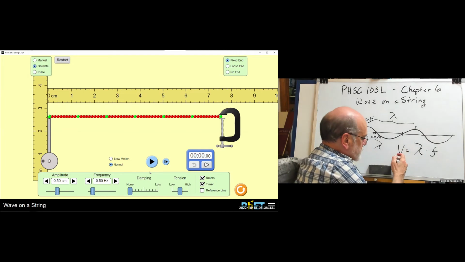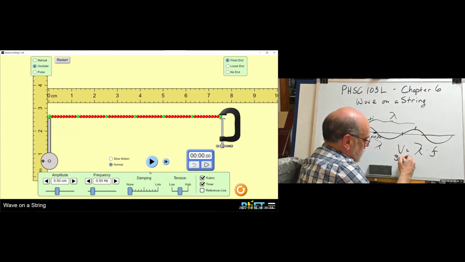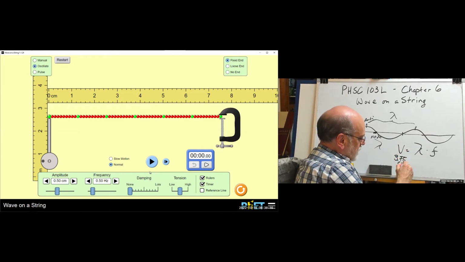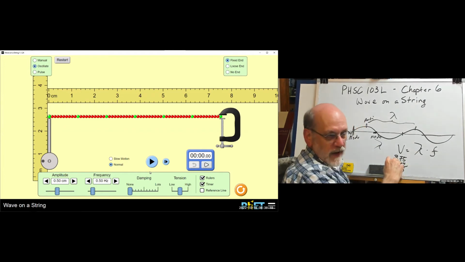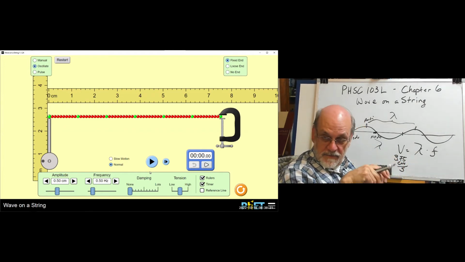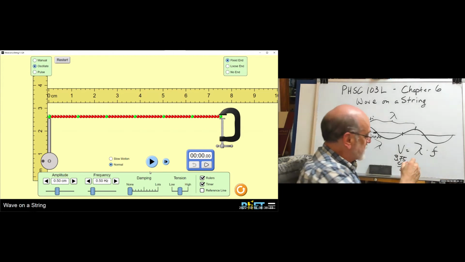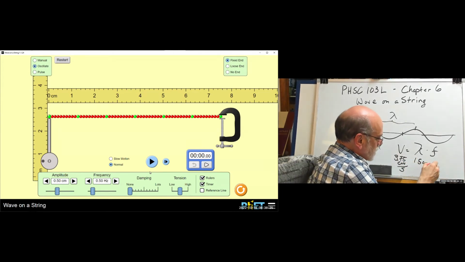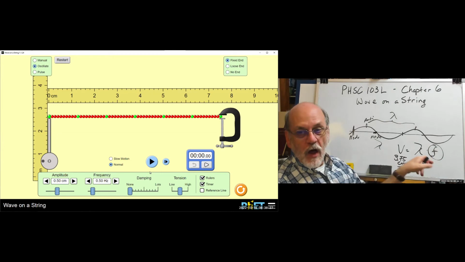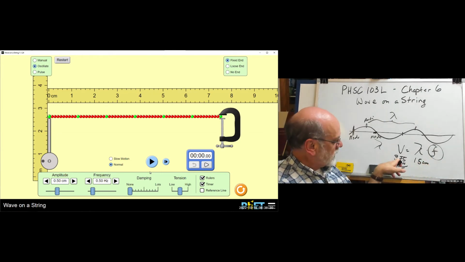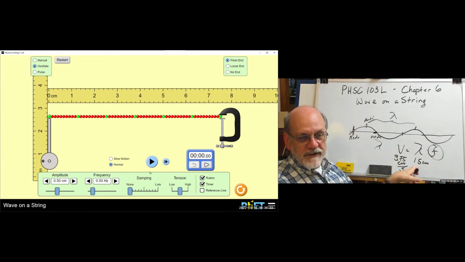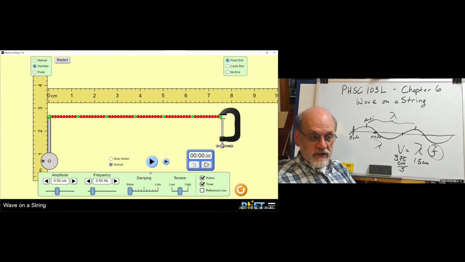We know that this is the velocity, centimeters per second, and our wavelength is the length of double the string, so it's 15 centimeters. There's our unknown. Solve for your unknown. So you take 375 and divide by 15, and that's the frequency. So many hertz. All right, it's going to be less than 1. It's going to be a fraction of 1. And that's how you fill in that first row.